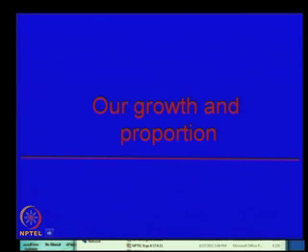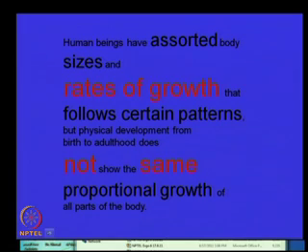Now, first of this discussion, our body growth and proportion. Human beings have assorted body sizes that we have discussed earlier, and rates of growth follow certain patterns, but physical development from birth to adulthood does not show the same proportional growth of all parts of the body.